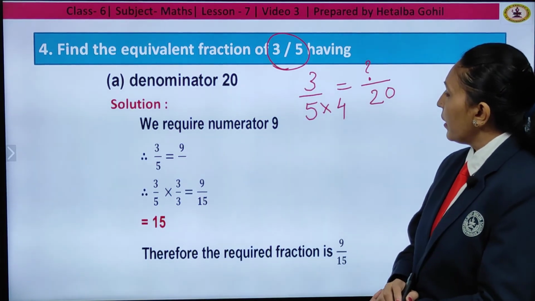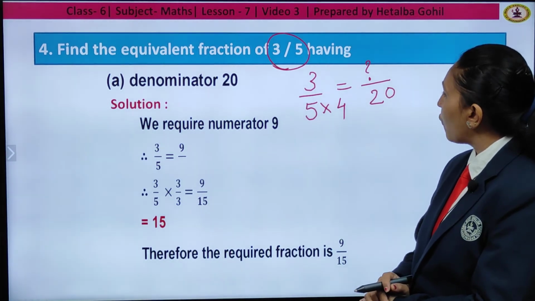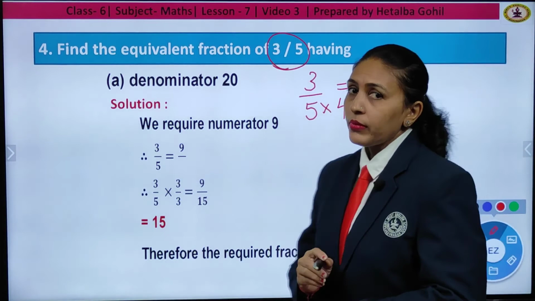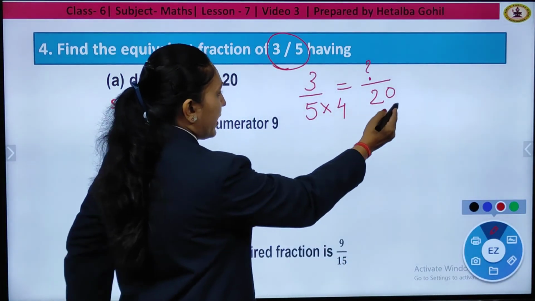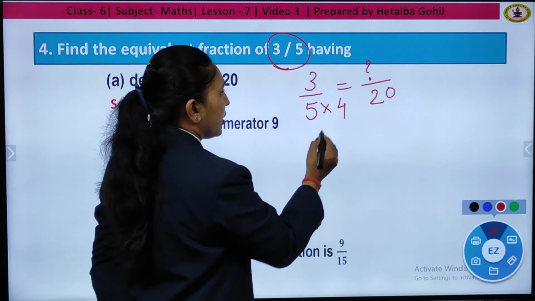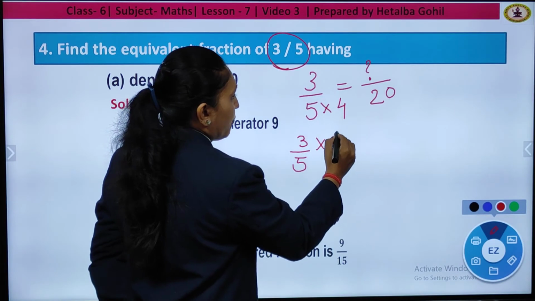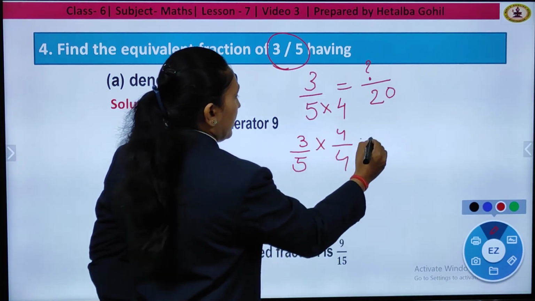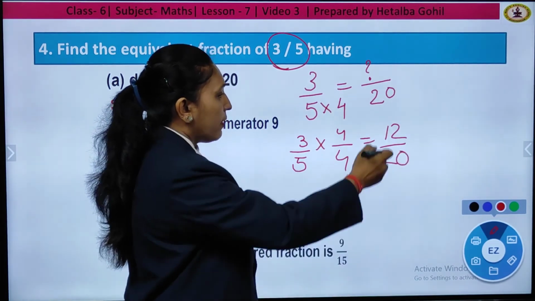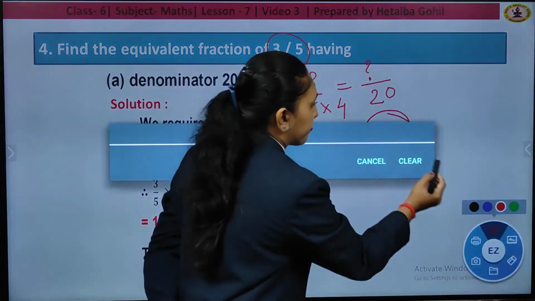Right? So here you can see the denominator I have taken as 4. So 5 into 4 we get 20. So if I multiply the denominator by 4, I have to multiply the numerator also. So 3 by 5 into 4 upon 4 will get 12 by 20. So what will we get in the numerator children? We will get our answer as 12.